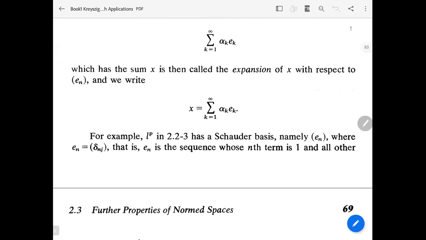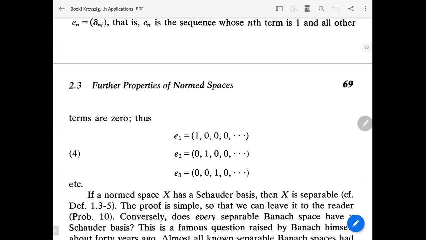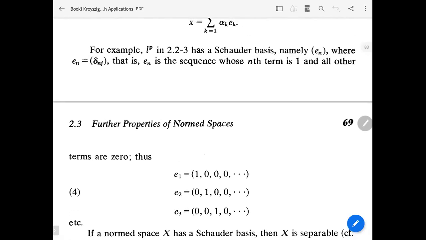So l^p has a Schauder basis, namely en. So e1 is the one at the first place, e2 is the one at the second place, and so on, rest 0. e3 has 1 at the third place, rest components are 0. So e1, e2, e3 and so on form the Schauder basis for l^p.